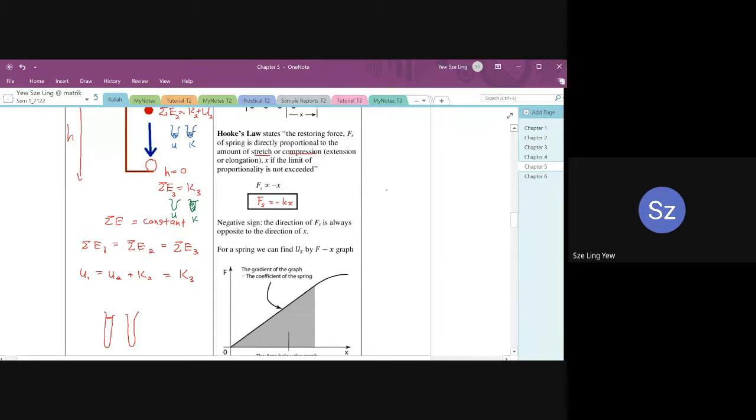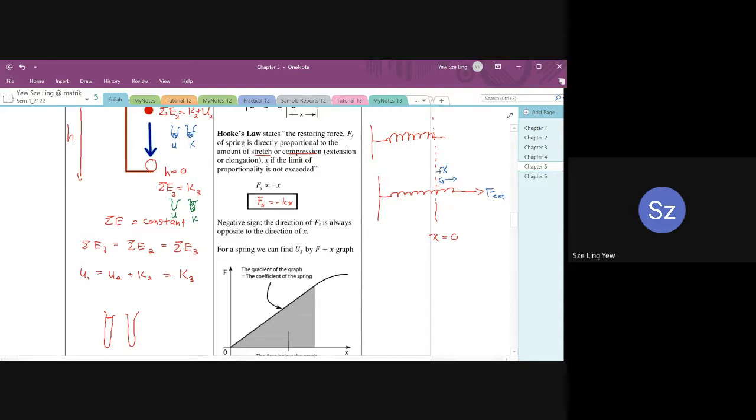Why? Like I told you just now, if you have a spring and you pull it, this is the spring before you pull or compress it. The original length, we take as x equals 0. When you stretch the spring, this stretching is known as x, and this x is a positive value. Then there is an external force. When you stretch the spring, the displacement increases in the positive direction, positive x.